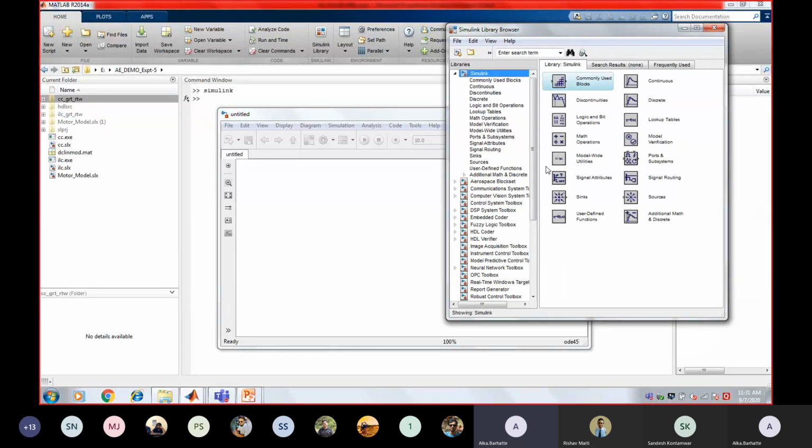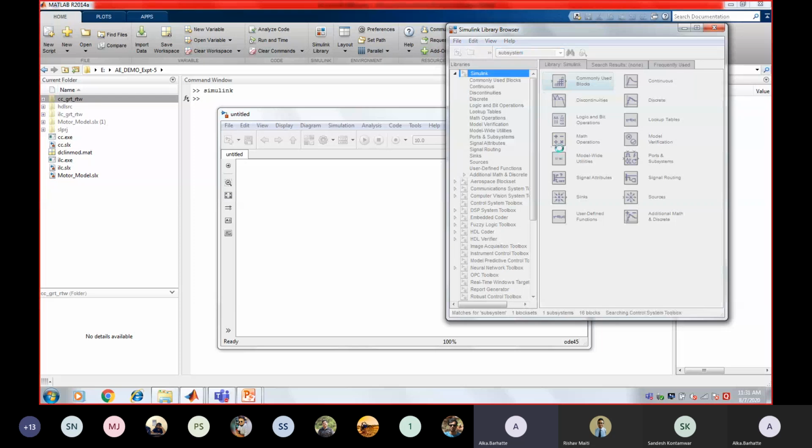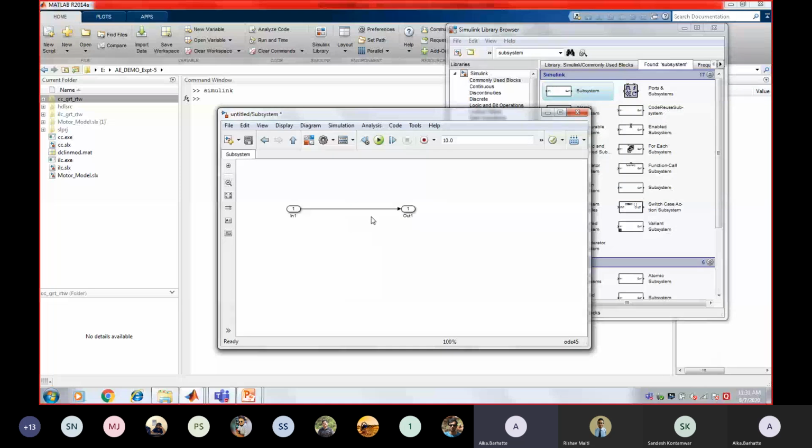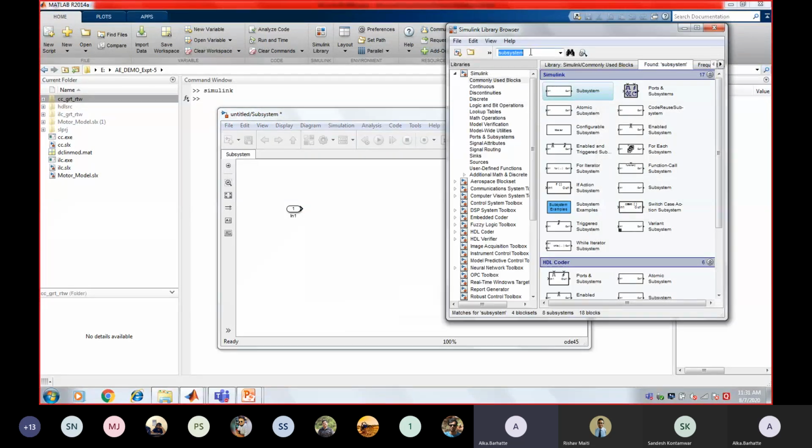I will first add a subsystem representing your vehicle model. So this is the subsystem block, add to untitled. Now I am removing it and adding our vehicle dynamics model. What we need in this is the transfer function block.